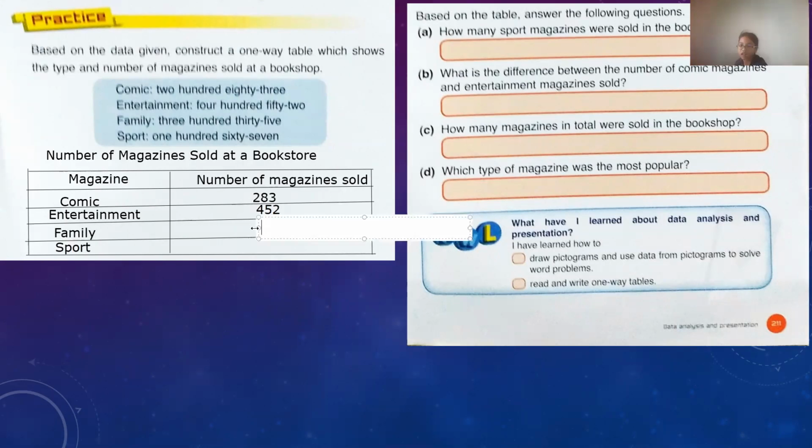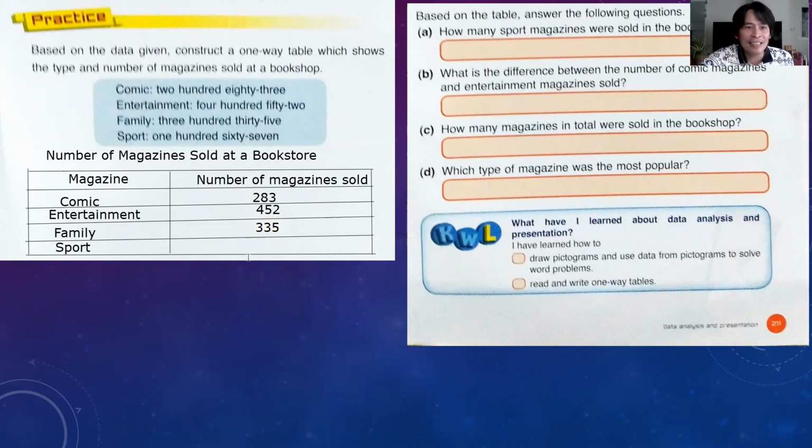Okay, you say easy breezy. 335. Okay, and then next, 167.